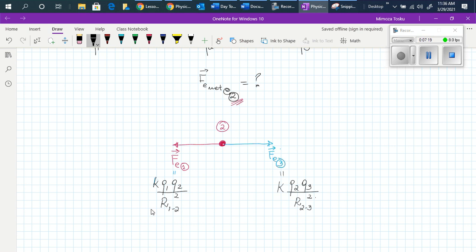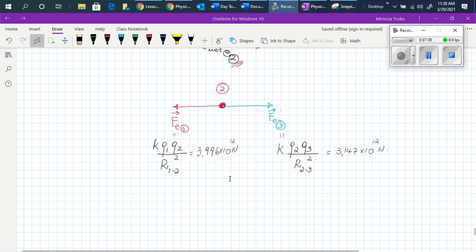So if you enter the magnitude of Q1, Q2, and R1,2 for the first force here, and Q2, Q3 for the second force here, you will find respectively 3.996 times 10 to the power of 12 newtons and 3.147 times 10 to the power of 3 newtons.